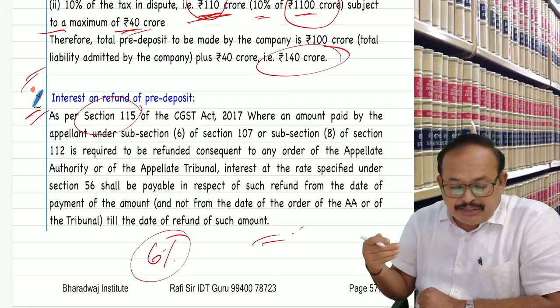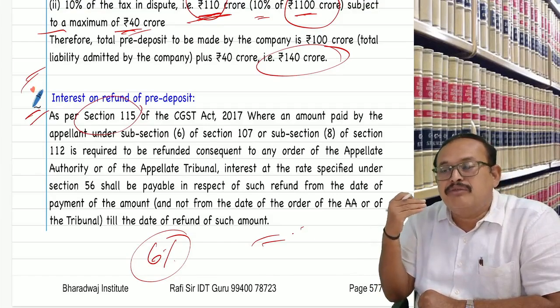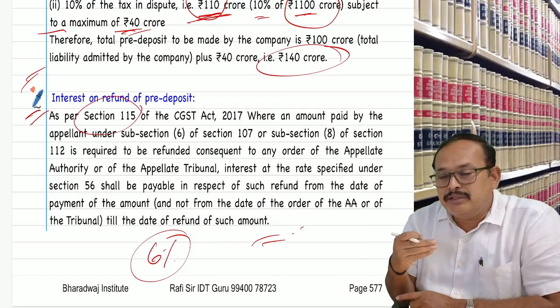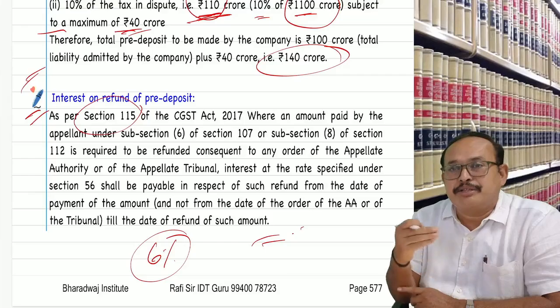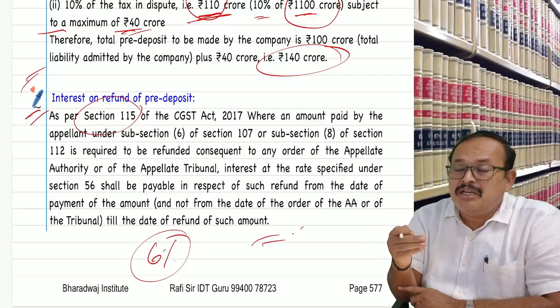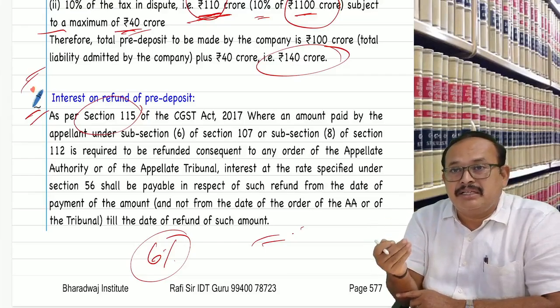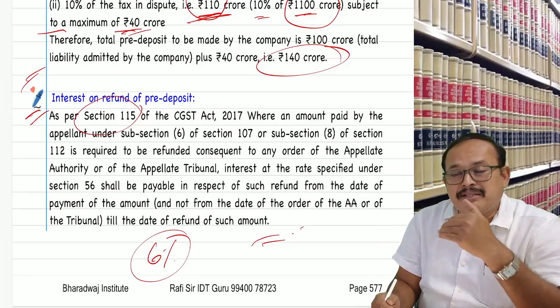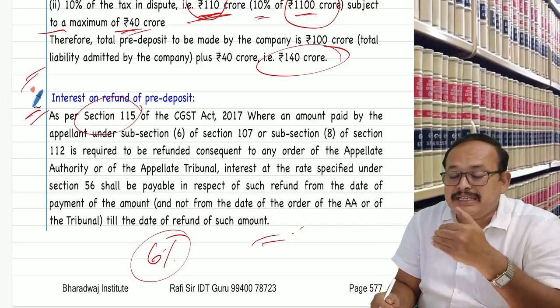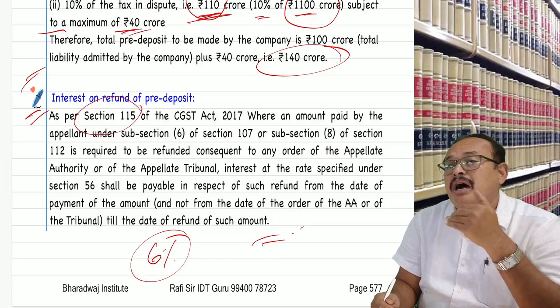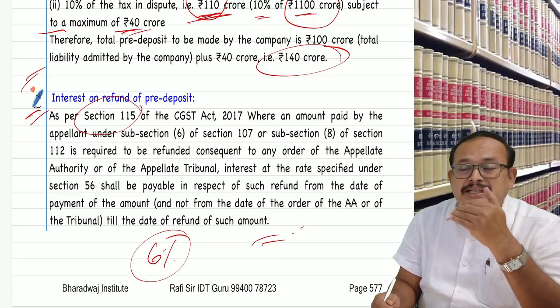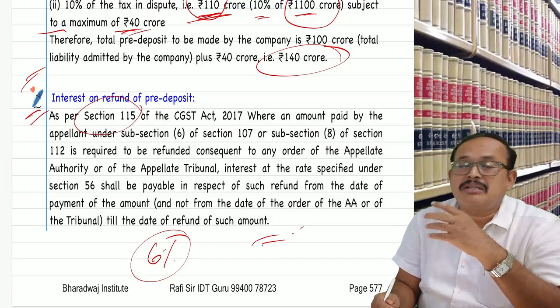Now further continuation. If I am going for appeal, where to go for appeal? Appeal to the appellate tribunal. Before that, the first appellate authority. Appeal to the appellate authority is only against the order of up to additional commissioner. Either it may be joint commissioner appeals or the commissioner appeals.